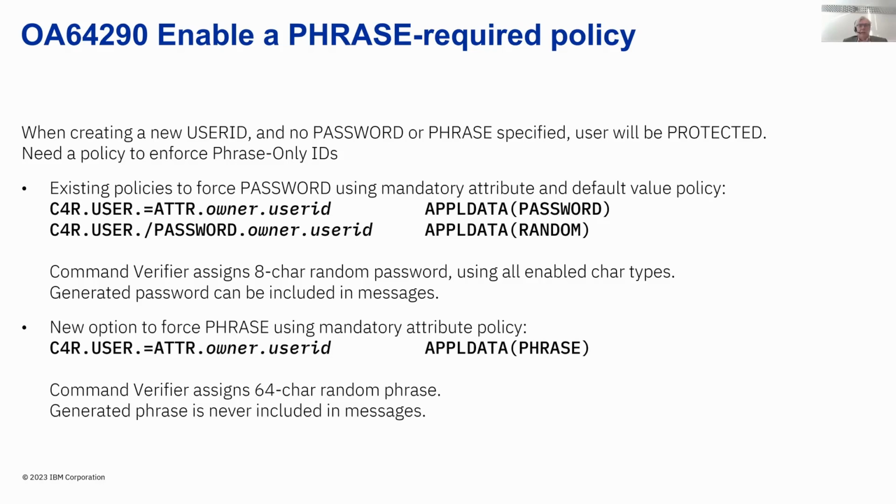Now we have something similar for phrase, so that we have the option to force the phrase. And then we automatically assign a 64-character random phrase. And we never put it in messages, so we have tried to make it a little bit more secure for the phrases.